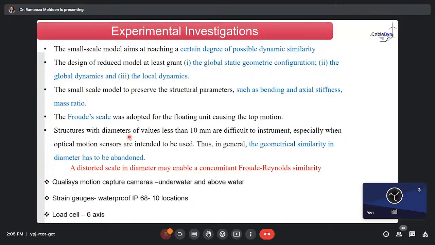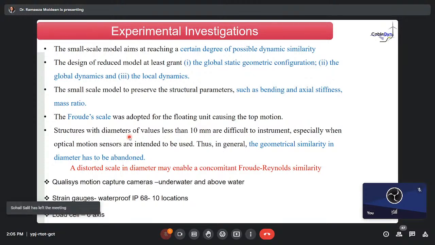If we model that 5 mm, a very small diameter, and try to study the different mode shapes and frequencies, it is not possible because it cannot represent the global dynamics. So the main concern when coming to an experimental study is that we have to model it such that we get a higher Reynolds number. In the real scenario, the Reynolds number will be in the order of 10 raised to 5.